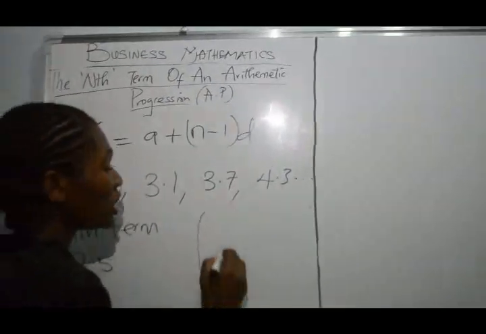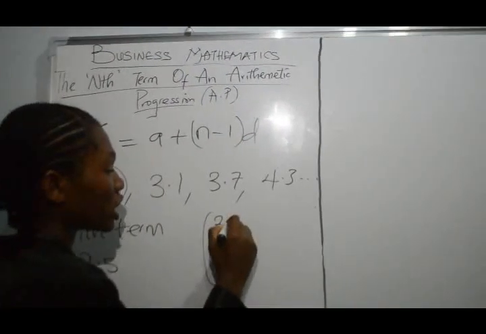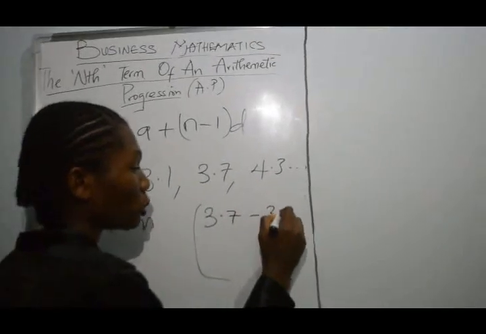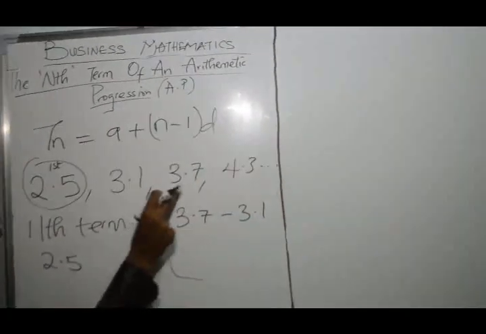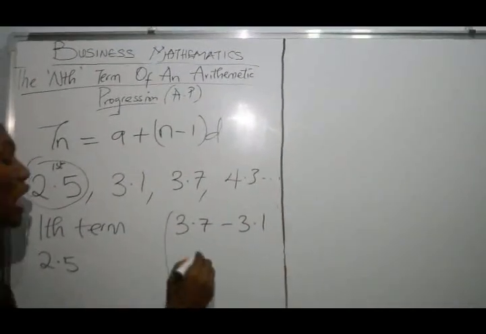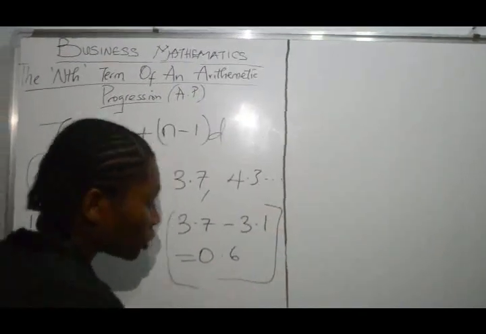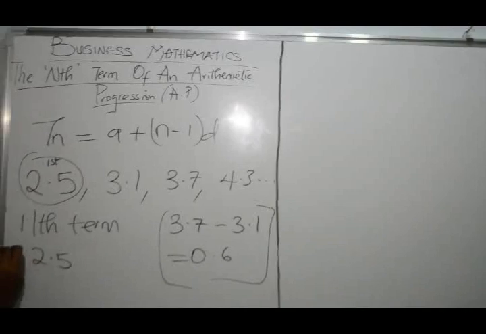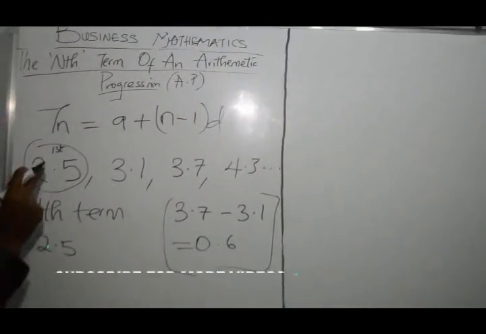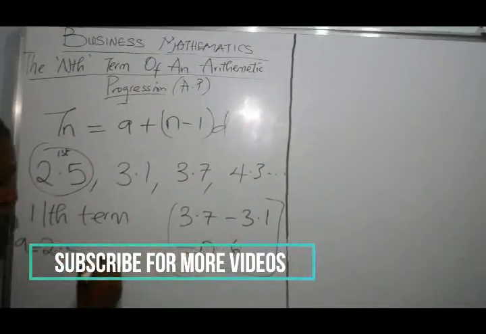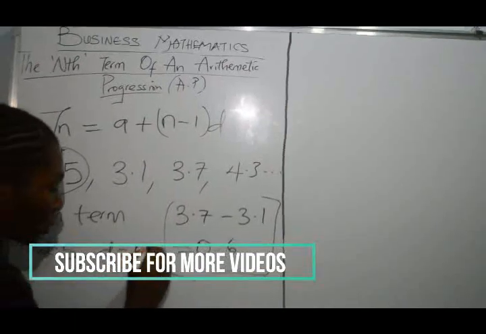So I can quickly say my common difference here is 3.7 minus 3.1, our third term minus our second term. That will be giving us 0.6. So this is our common difference. So we're getting our a to be equal to 2.5, which is our first term, and our difference to be equal to 0.6.